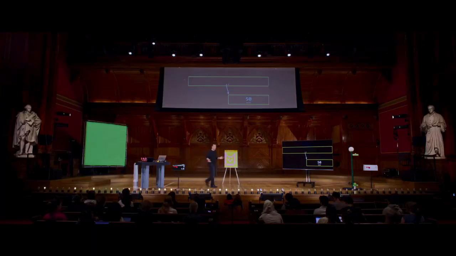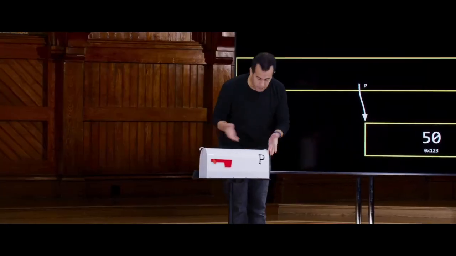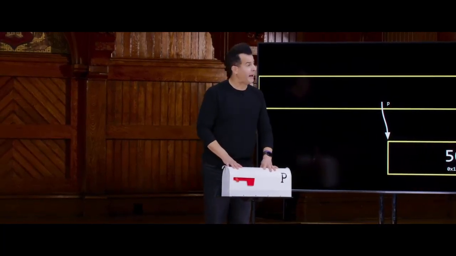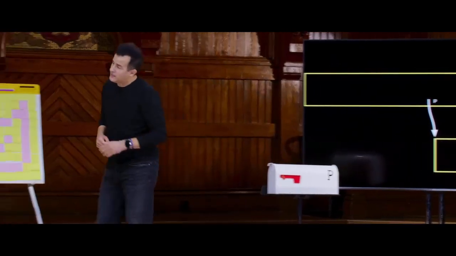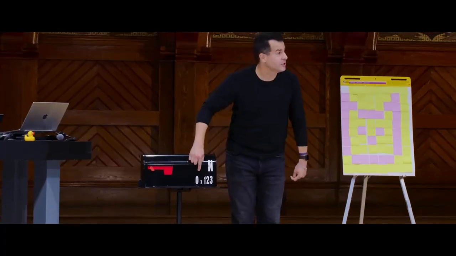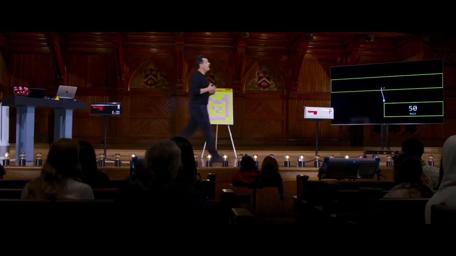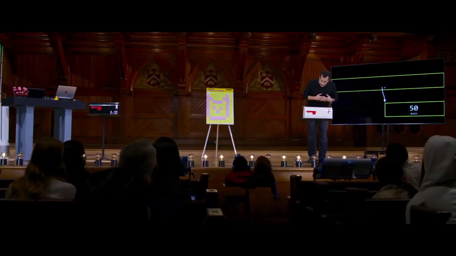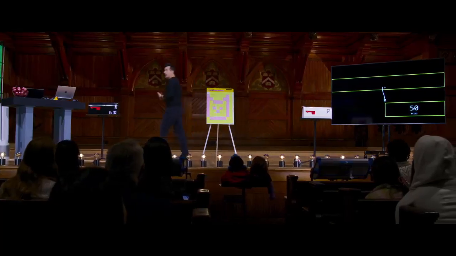In fact, we've got a couple of mailboxes here to make clear with a little metaphor that here is a physical representation of our variable, say, p, labeled as such. Inside of this is presumably going to be the address of some actual value. That value, at the end of the story, is going to be the value of n, which, recall for consistency, is at address 0x123.